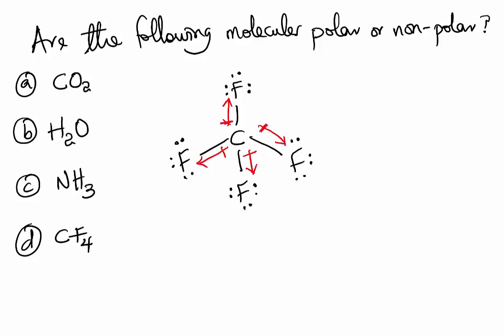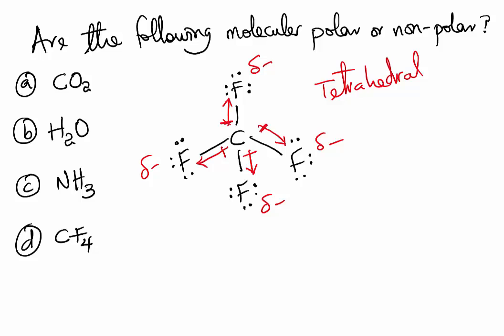What this means is that all the fluorine atoms are equally electron rich. And this has a tetrahedral geometry. All the fluorine atoms are positioned exactly the same distance from each other.